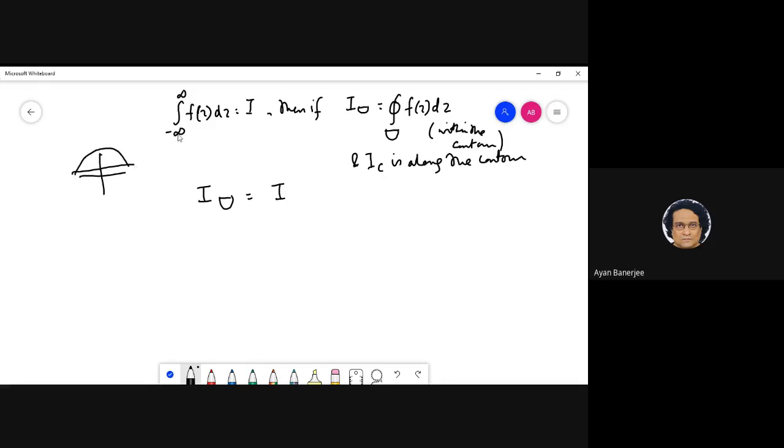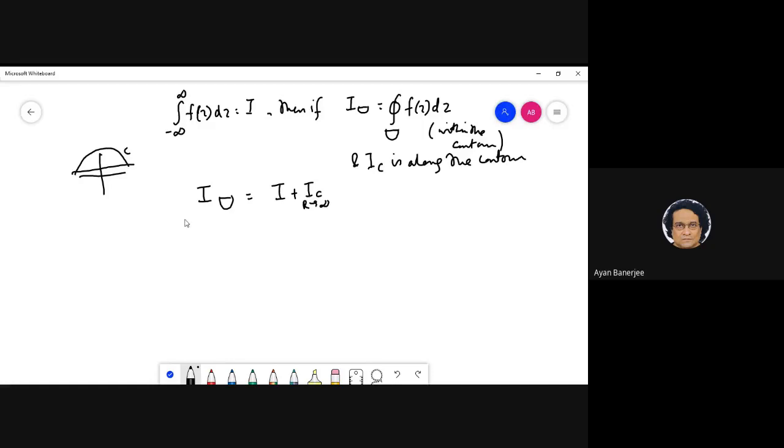This one is along the real line, and this C dash is along the arc, and the whole thing is I plus I_C, where R is tending to infinity. So it is along this and then along this.